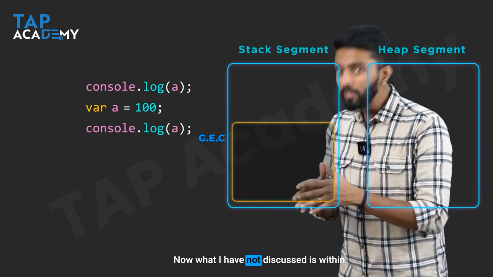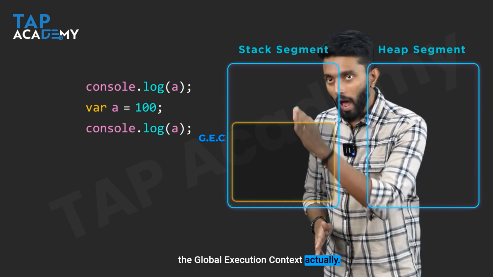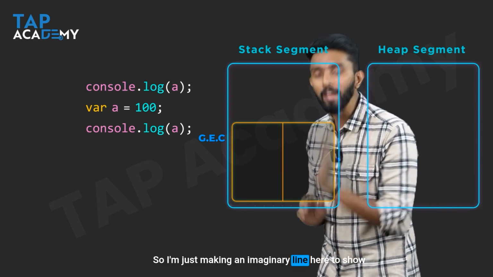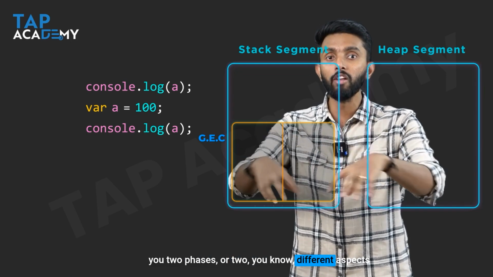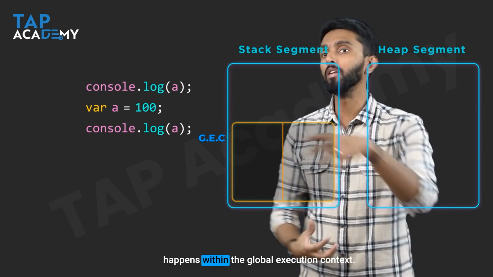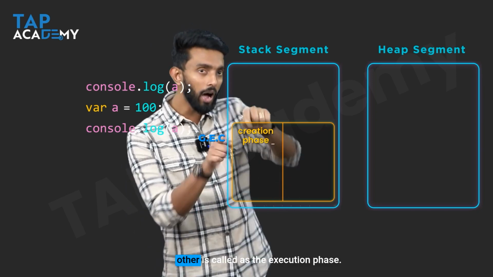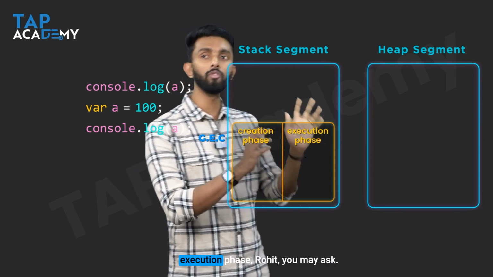Now what I've not discussed is, within the global execution context, actually two things happen. So I'm just making an imaginary line here to show you two phases within the global execution context. One is called the creation phase, other is called the execution phase. Now, what do you mean by creation and execution phase, Rohit, you may ask.